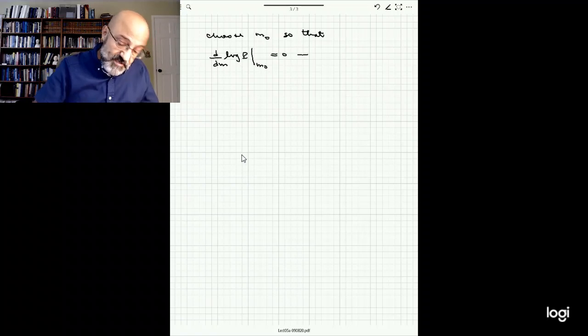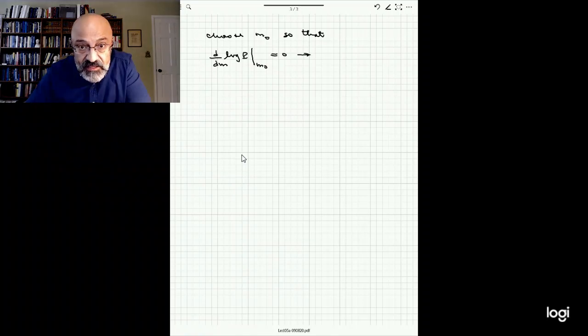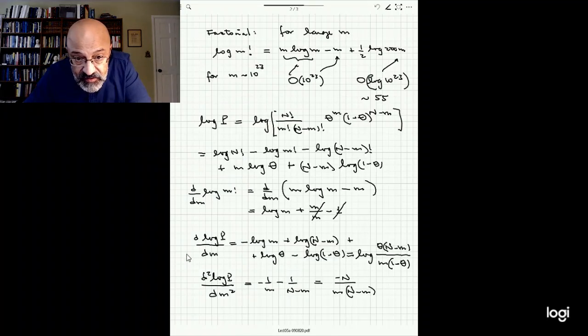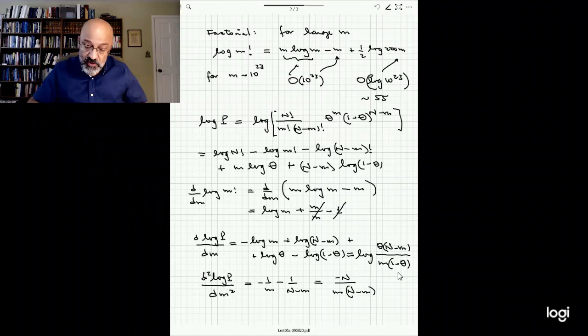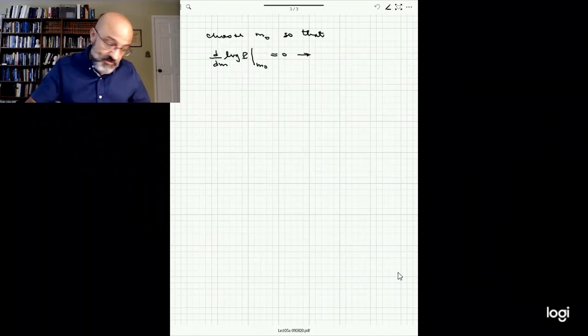And what this means, if we go back, here's the derivative. So we want this guy here to be 0. The log of 1 gives you 0. So what we want is this quantity here to be 1. That determines what M0 is.